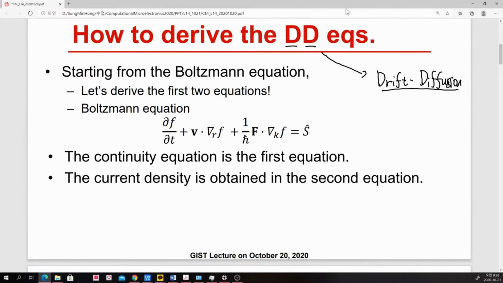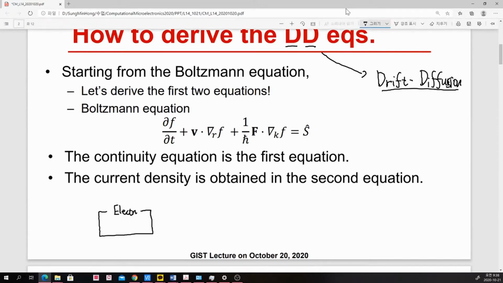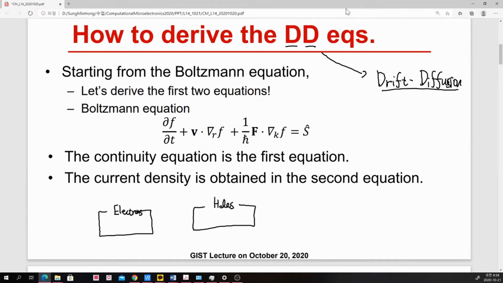It simply means that we have to derive two equations for each carrier. For example, for electrons, we have to derive two equations. And also for holes, we have to derive two equations. So two equations and two equations, and of course we have the Poisson equation.